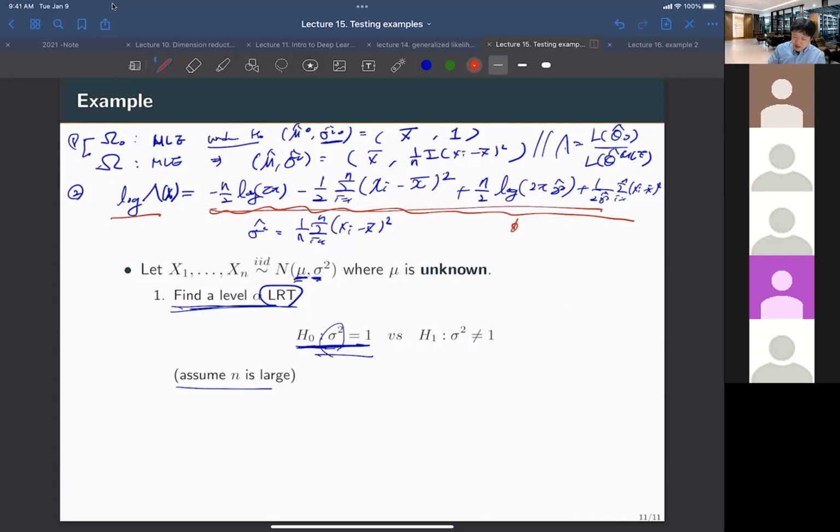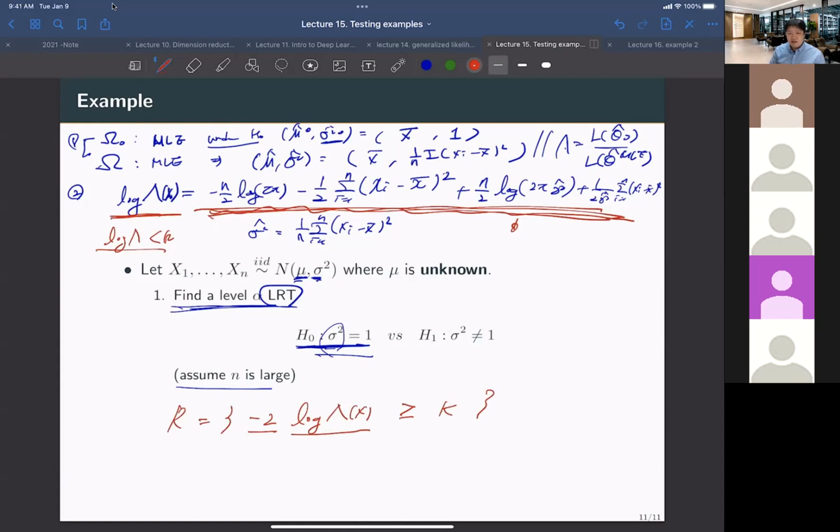So just consider this as our statistic. We are going to reject if minus 2 log lambda of x is greater than something, because lambda being smaller than something means we reject.